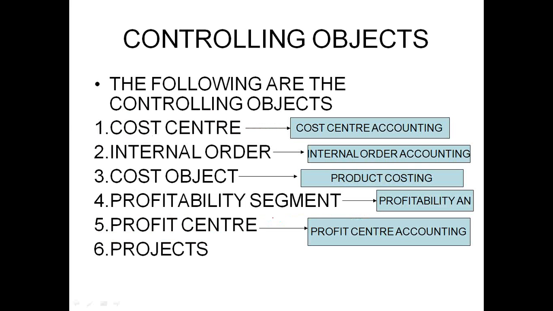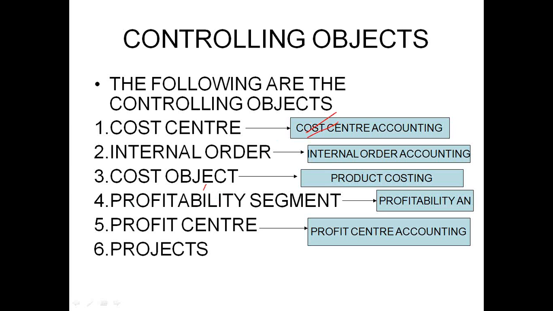So here, these are the controlling objects defined in the system. Cost center. Cost center is a controlling object. For this, we maintain the information of expense and revenues, and we process the expense and revenues in cost center accounting. This is the first module.